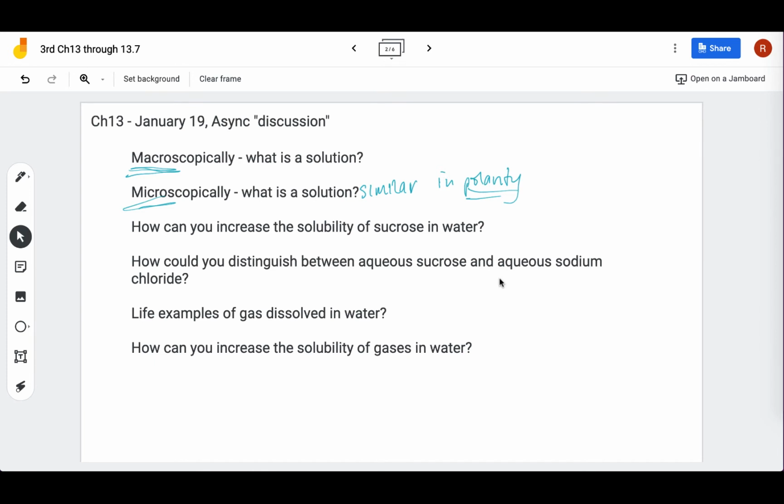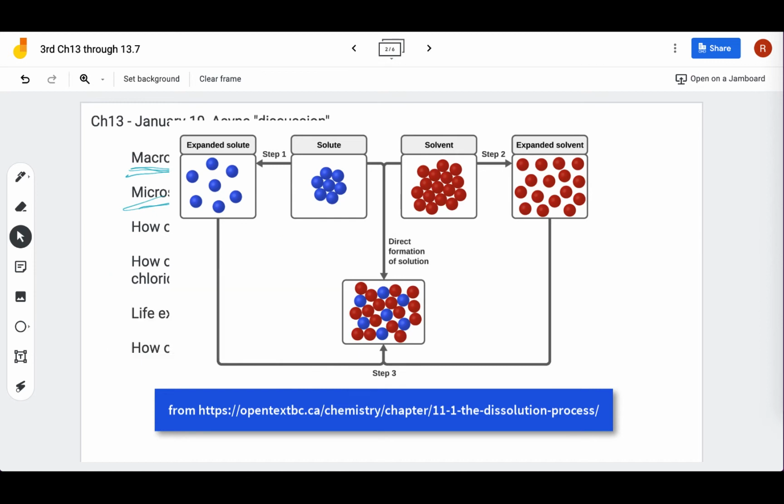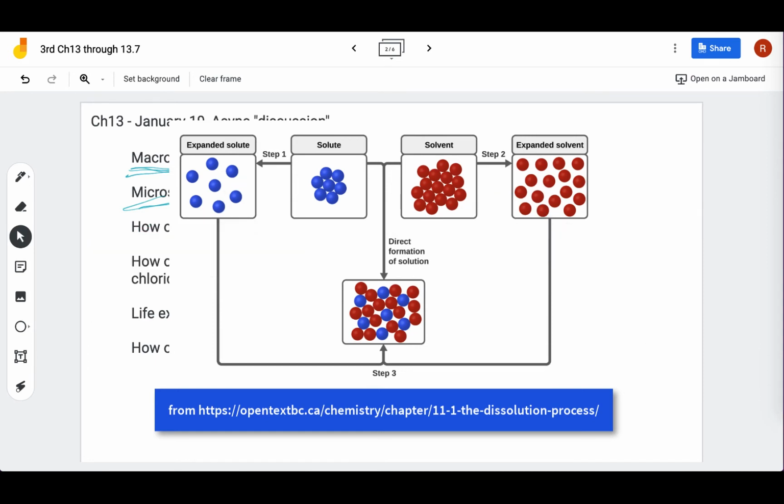But then we have to take into account that if they're going to mix together, there needs to be a significant solute-solvent attraction such that they would leave their other partners. Does that make sense? The solute-solvent attraction must be strong enough that it is a more beneficial pairing, or energetically more beneficial pairing, than what it was attached to previously.